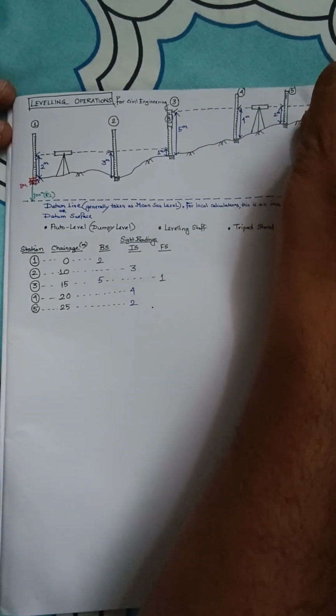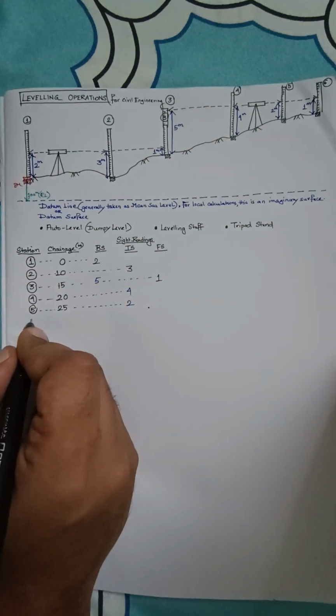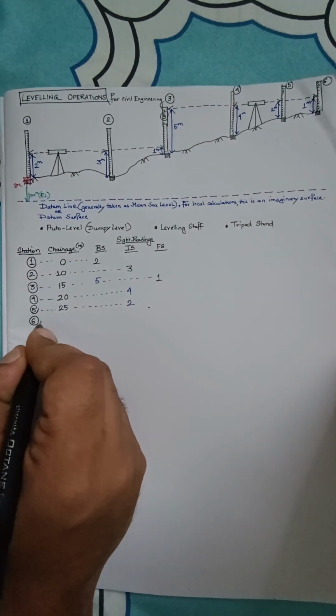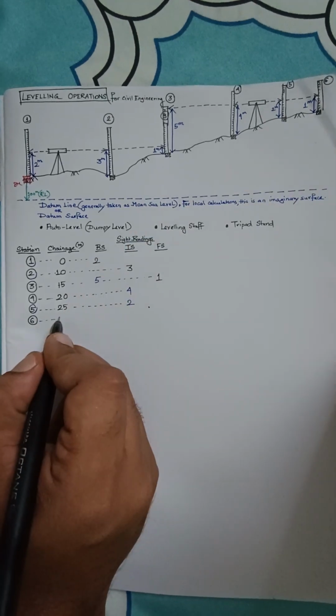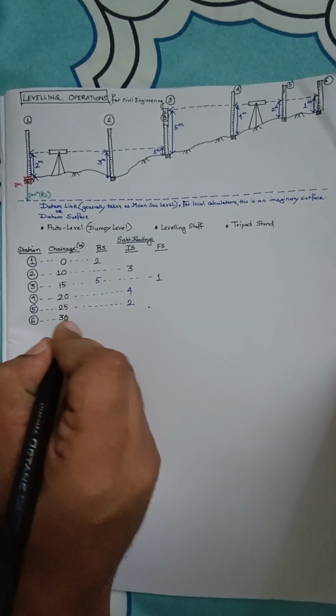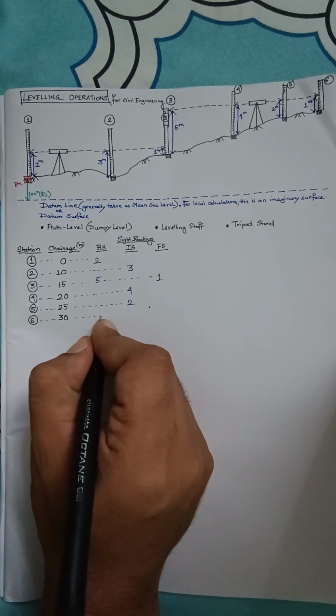This was station number 6. So now we are completely done with this. Again, say this distance is 5 meters, this distance is 5 meters. So this increases by again 5. And lastly, we will complete the setup at this.